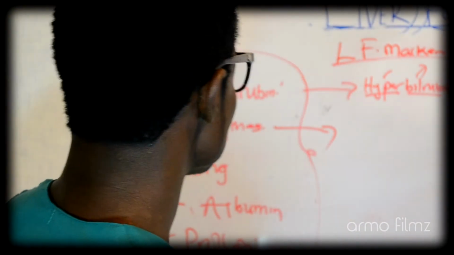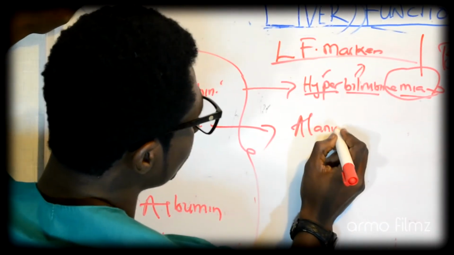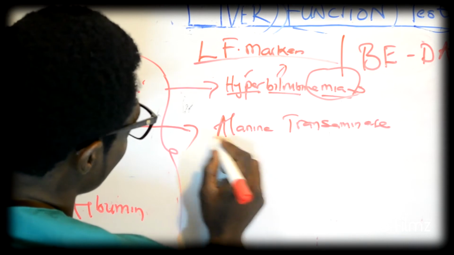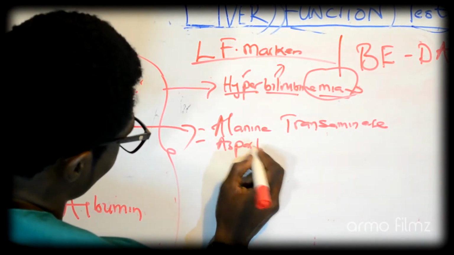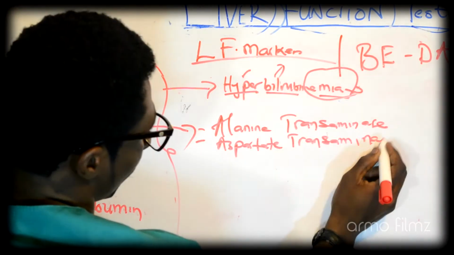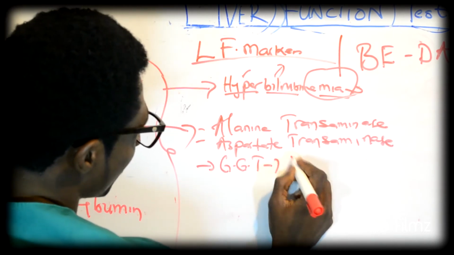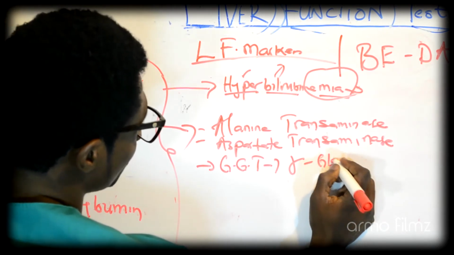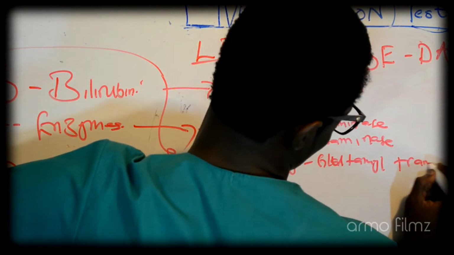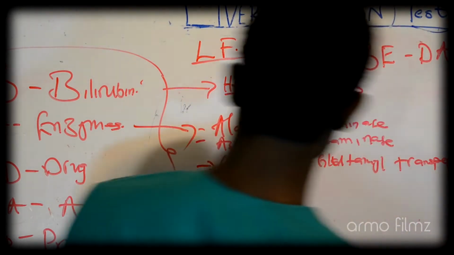Those enzymes are the two important transaminases, which are alanine transaminase, and also aspartate transaminase, and also you have your GGT, that's gamma glutamyl transpeptidase.